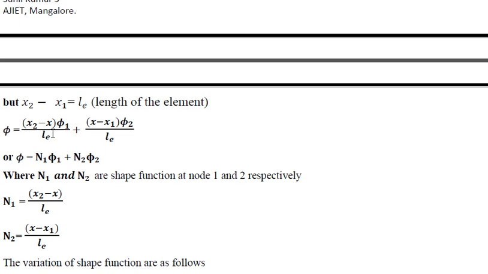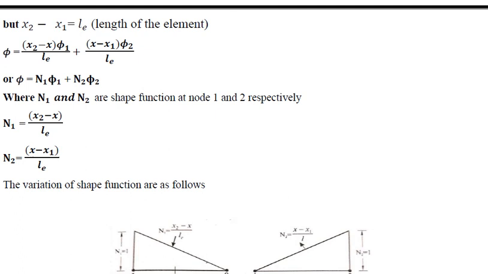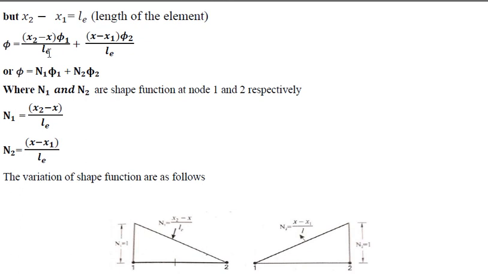In that coefficient, the denominator x2 minus x1 can be taken as the length of the element, LE. After replacing, x2 minus x by LE will be N1, and x minus x1 by LE will be N2. That is the shape function which relates global variables with nodal variables.